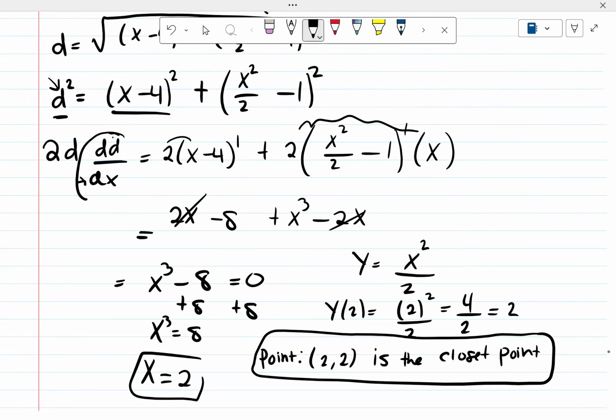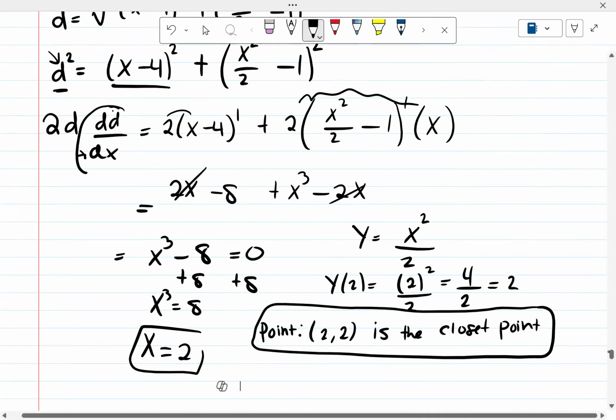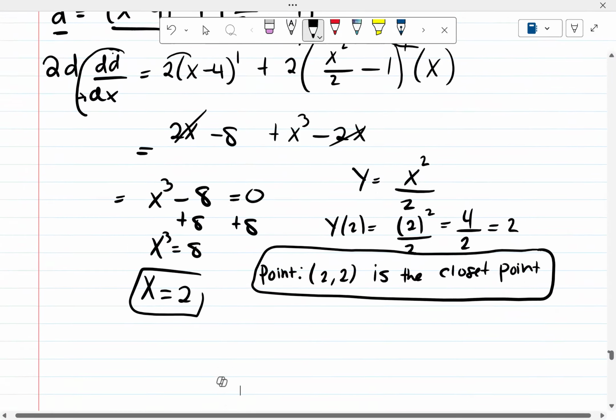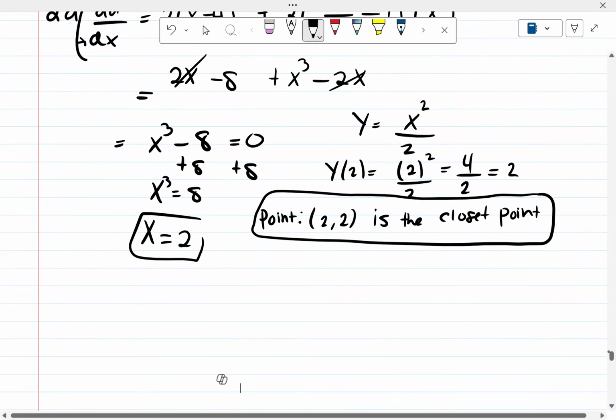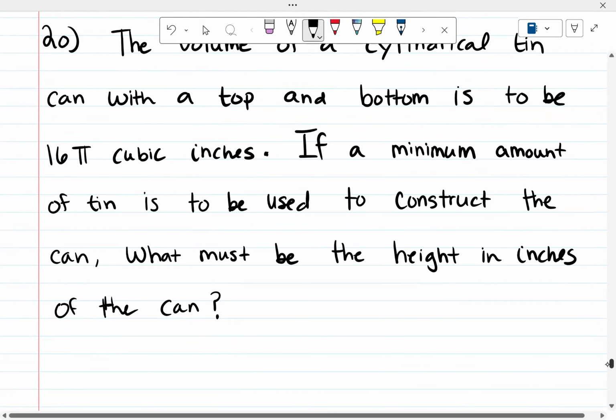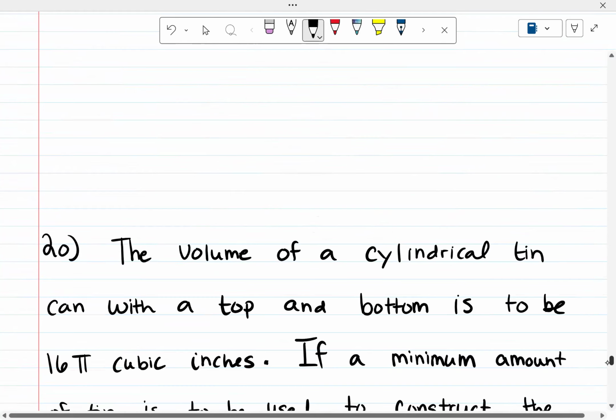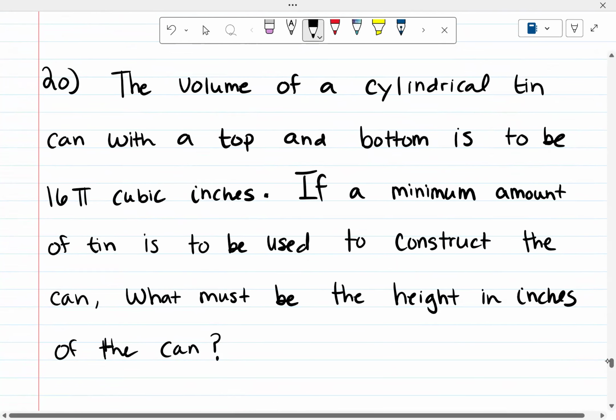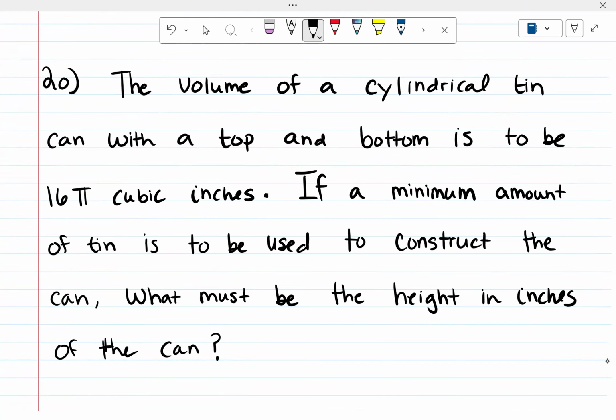Okay, let's move on. So number 20, 20 is a word problem.